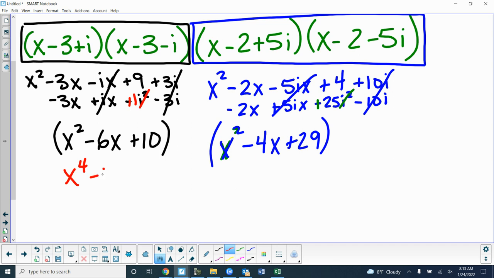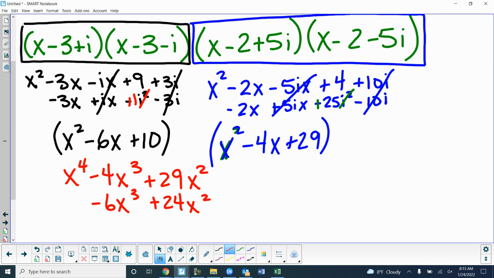All right, so x squared times x squared, x squared times -4x, and x squared times 29. So there's those three. And then -6x times x squared is -6x cubed. And -6x times -4x is positive 24x squared.